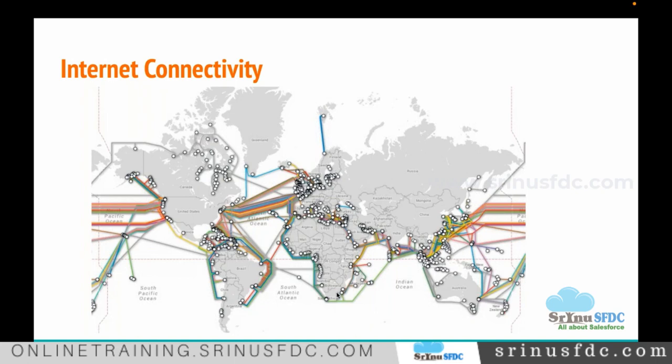Let's say the YouTube server is in the US. It's not that we communicate with that server wirelessly. At some point it will connect to one of these connections. All these are cables which are inside the ocean, different oceans, and through physical wire only, whatever you request will reach the server and you will get the response. Internally, that's what will happen.